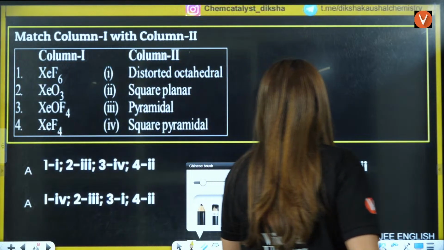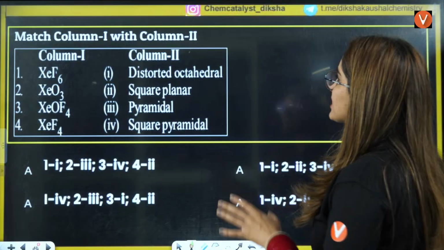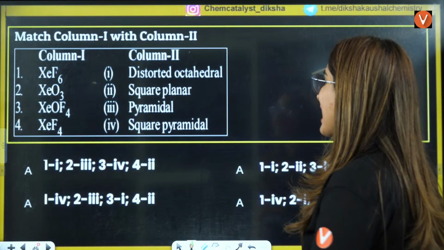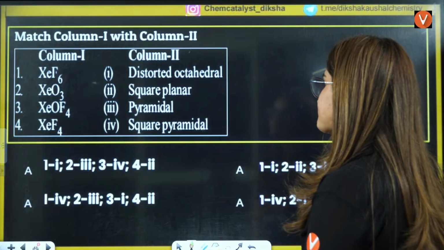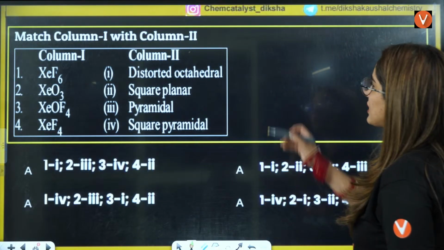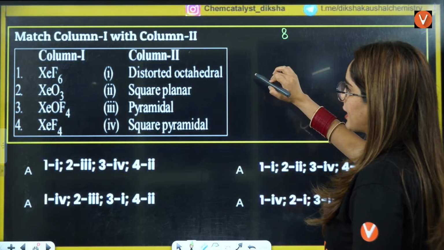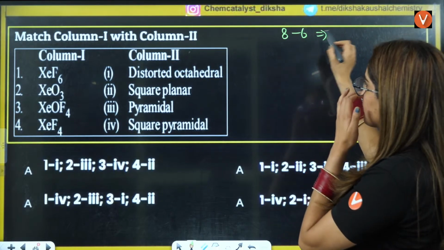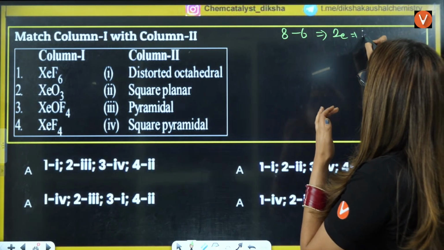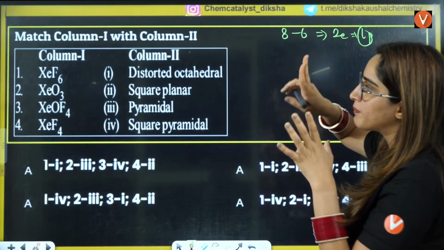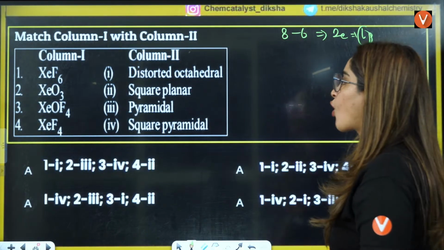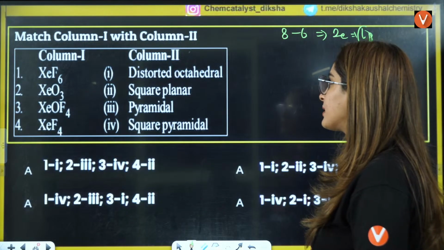So here we have, match column 1 with column 2. So I'm matching two columns. One is XeF6. We know that xenon has 8 outermost electrons, being a noble gas. 6 will be involved in bond pairs, so you will have 2 electrons, which means 1 lone pair. 1 lone pair plus 6 bond pairs means it is going to be distorted octahedral.